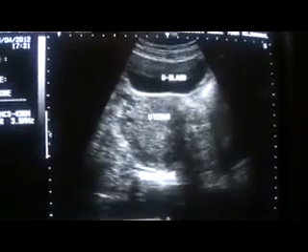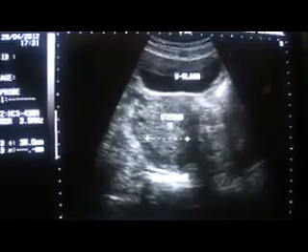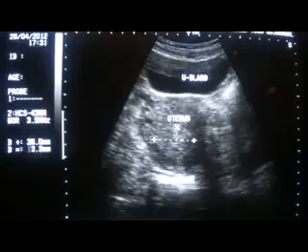Now what has happened, the only issue, which is a normal thing, is that the uterus is retroverted in shape. Normally you see that the uterus is anteverted, it goes up and then you see it here. Now in this case it's opposite. The body of the uterus is going down, the fundus is posterior.